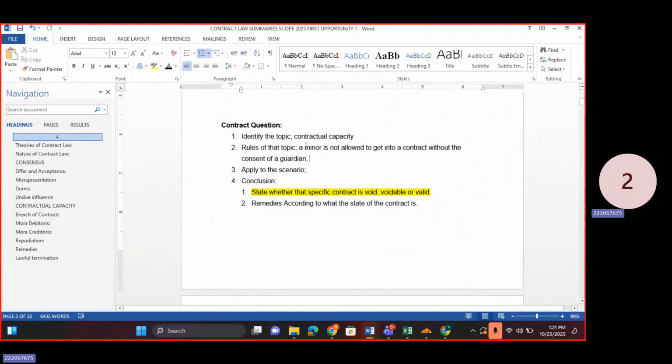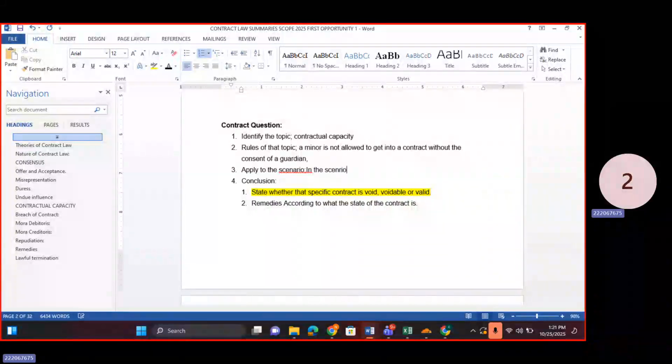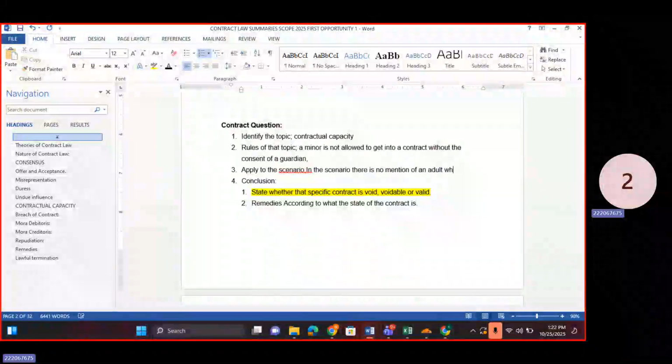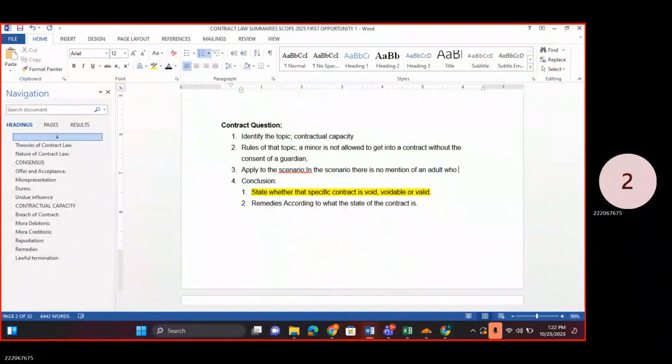And in the scenario, it states that there wasn't a guardian who consented to the contract. So you are able to say that, okay, in the scenario, there is no mention of an adult who consented to the contract.